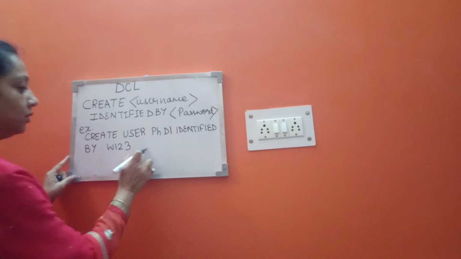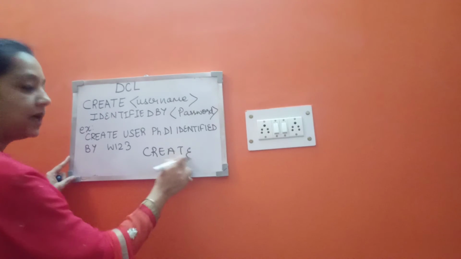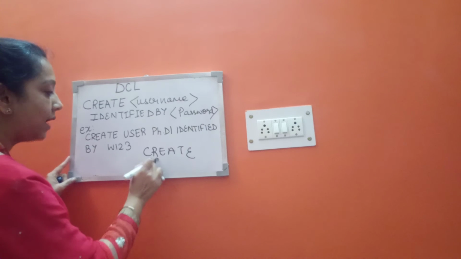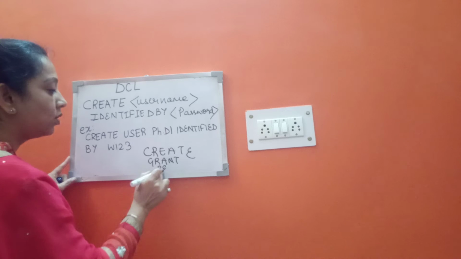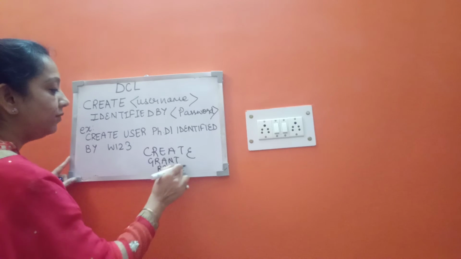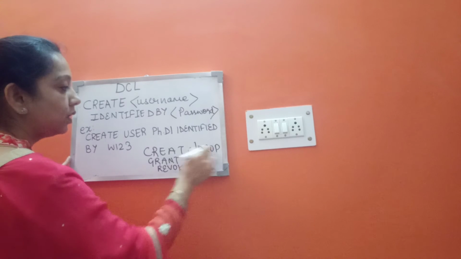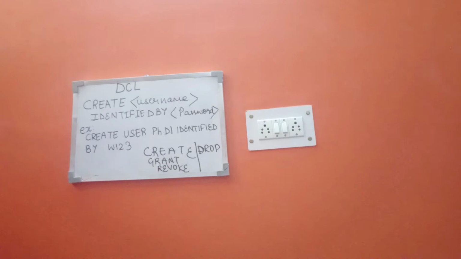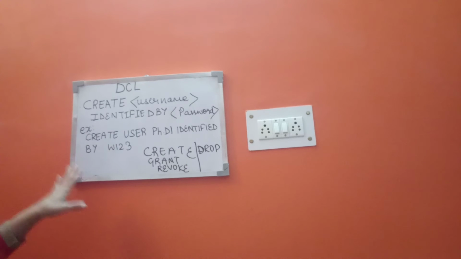I will write here: the first one is create, the second one is grant, the third one is revoke, and then we have the drop command. So in total we have these four commands.